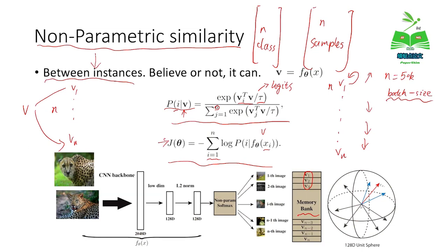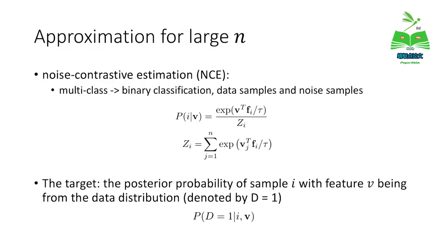So they use the memory bank to update fewer images, fewer instances for each iteration. But it's still a problem for this formula, from this definition, because the n is still very large. We still need to compute this between each instance.